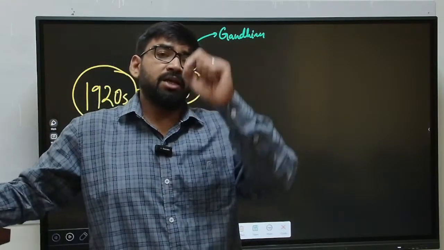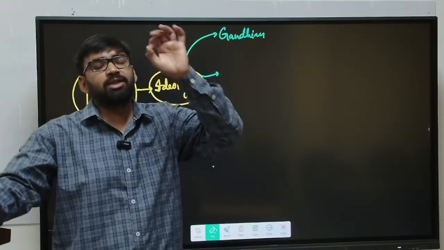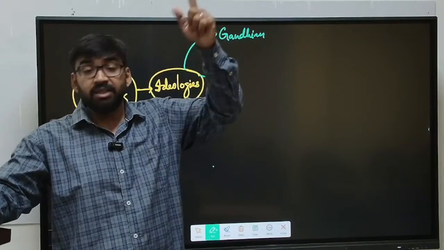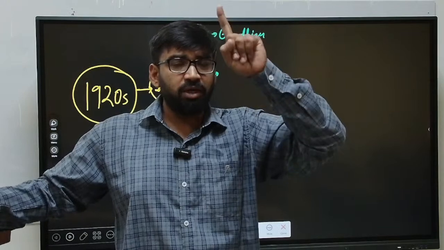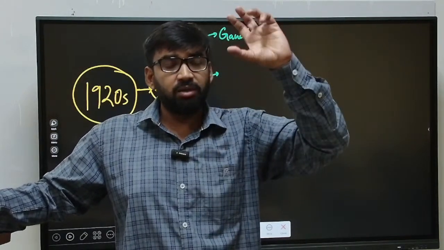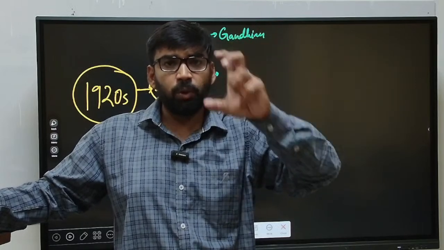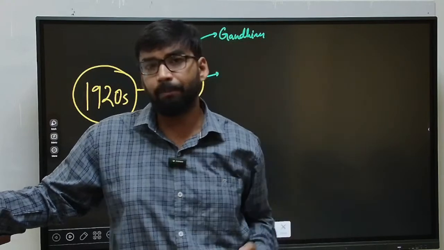See, in 1917, one of the most important events that took place in the world, that is Russian Revolution. That means Russia was the first country in the world where communism emerged in a real form.